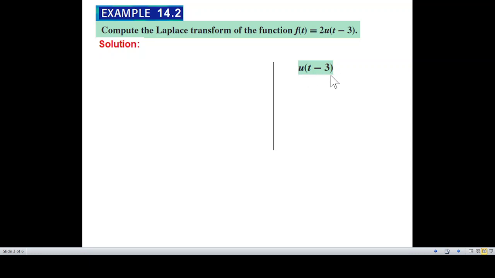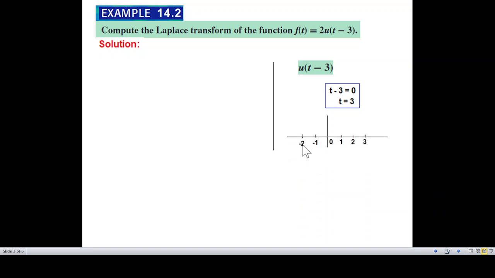The unit function has shifted, but on which side, positive or negative? For that we put t - 3 equals 0, and therefore we get t equal to 3. That means the shifting is towards the positive side.